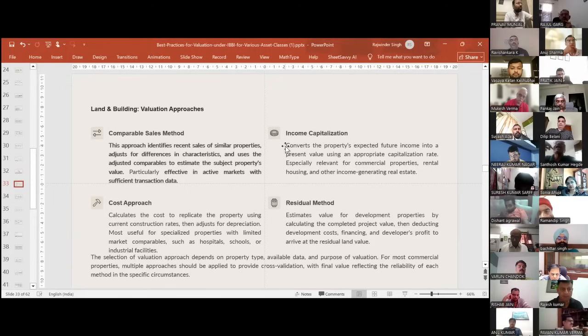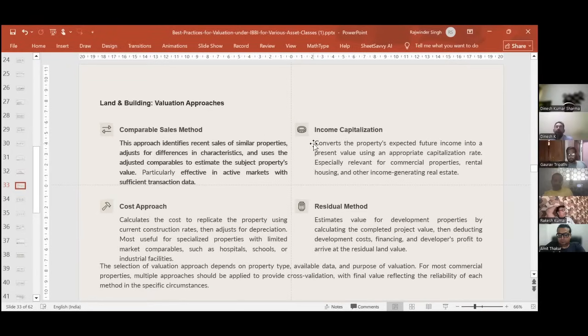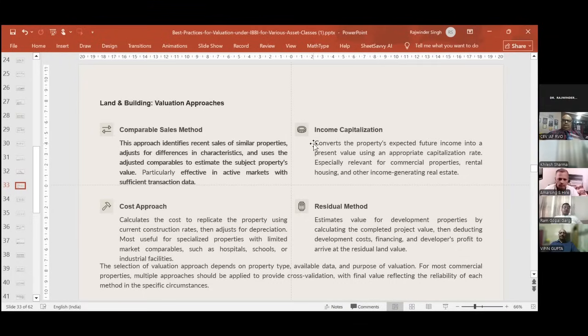In this case, we calculate the cost to replicate the property using the current construction rates. Then we adjust for depreciation and obsolescence. It is mostly useful for specialized properties with limited market comparables, such as hospitals, schools, or industrial facilities.